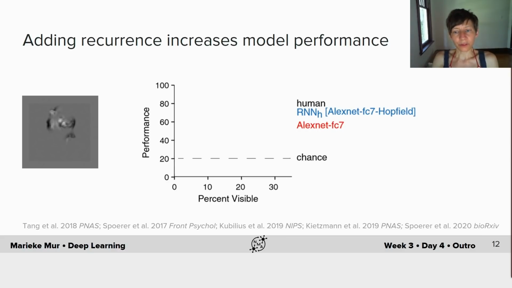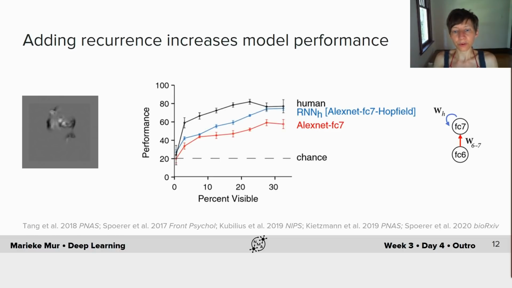I'm going to show performance for human observers in black and for 2 versions of AlexNet. The first version is standard AlexNet, with standard feed-forward weights, here shown in red. The second version additionally has lateral connections in fully connected layer 7, indicated in blue. Results show that human observers outperform AlexNet at recognizing partially occluded objects.